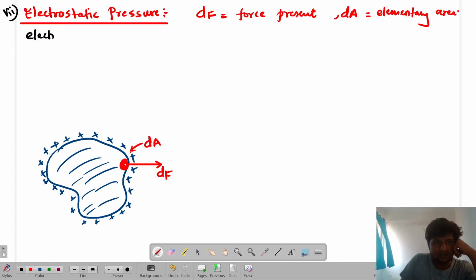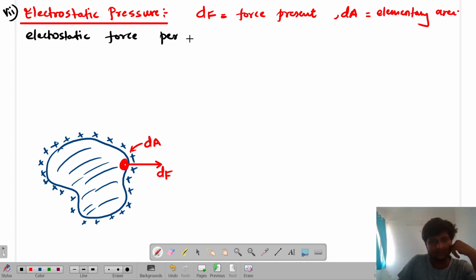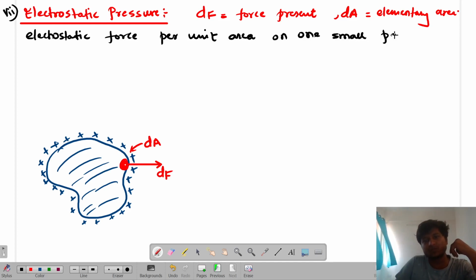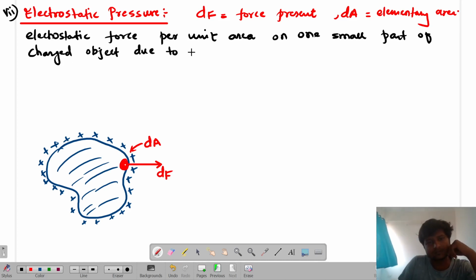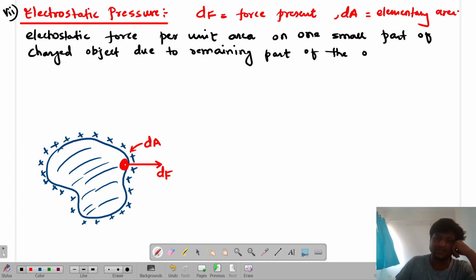The electrostatic force per unit area on one small part of a charged object due to the remaining part of the object is known as electrostatic pressure.